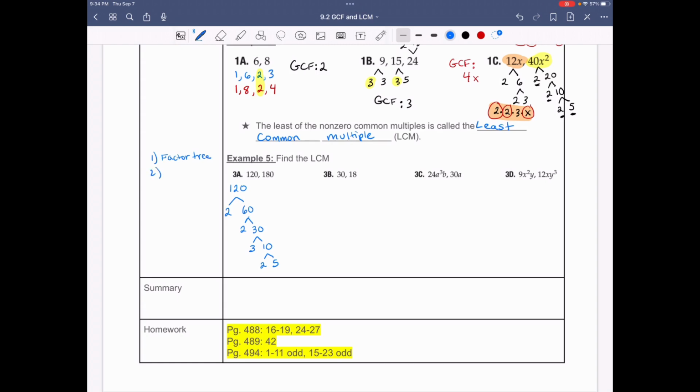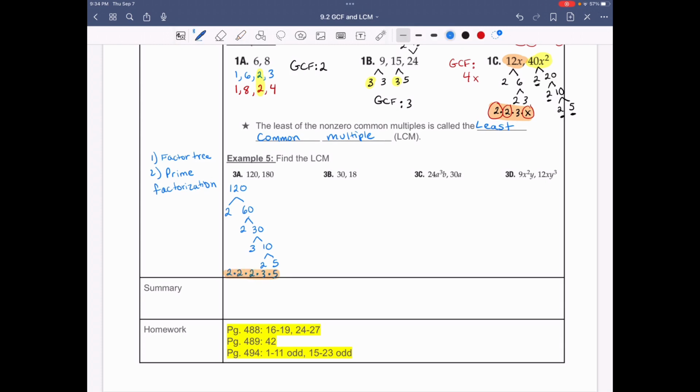Second thing we do is prime factorization. So we have 2 times 2, and then the next 2 times 3 times 5. Okay, that's just for 120.